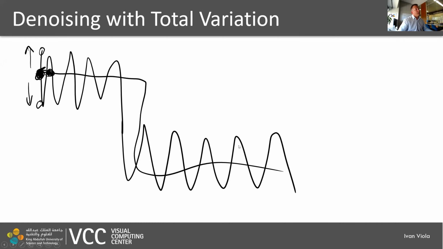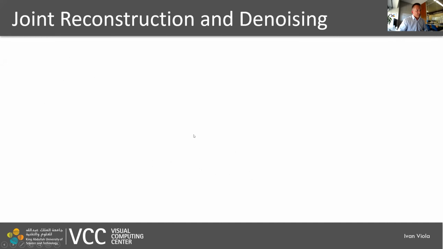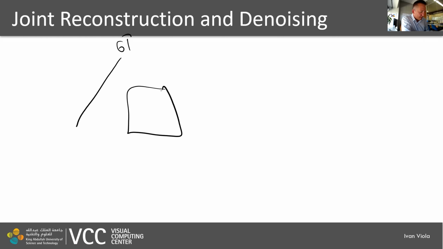And the total variation, we can then include into the process of the tomographic reconstruction. So imagine that we have our projection, and this is, let's say, the ground truth, and then we have our volume, and we are calculating our ith iteration.